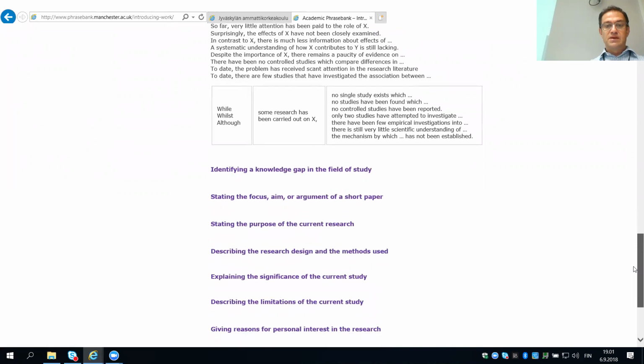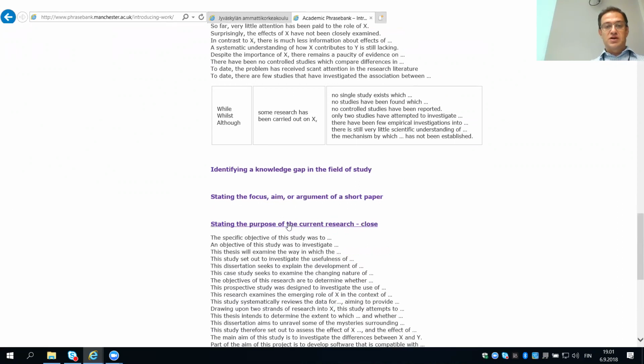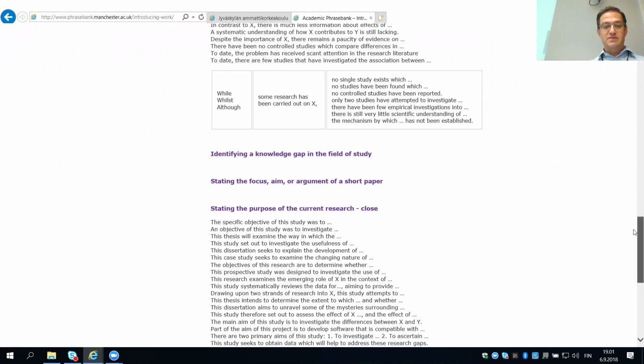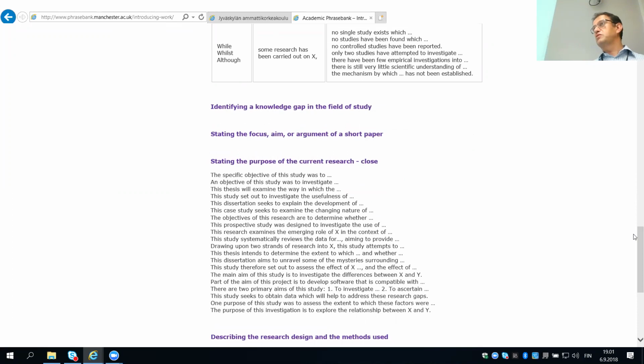Then, of course, you will be stating the purpose of your research. What is your objective? So here, again, you find lots of options that you can use. So don't repeat the same thing.